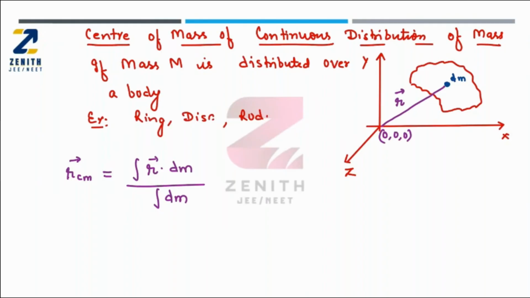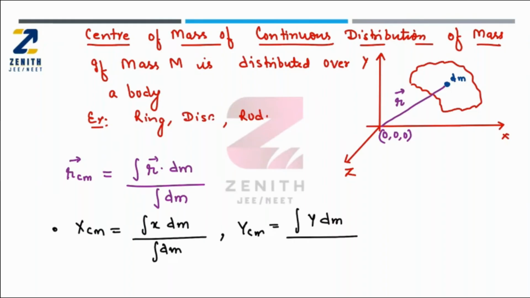So if you want to simplify it, xcm can be written as the integration of x dm divided by the integration of dm. ycm can be written as the integration of y dm divided by the integration of dm, and zcm is nothing but the integration of z dm divided by the integration of dm.